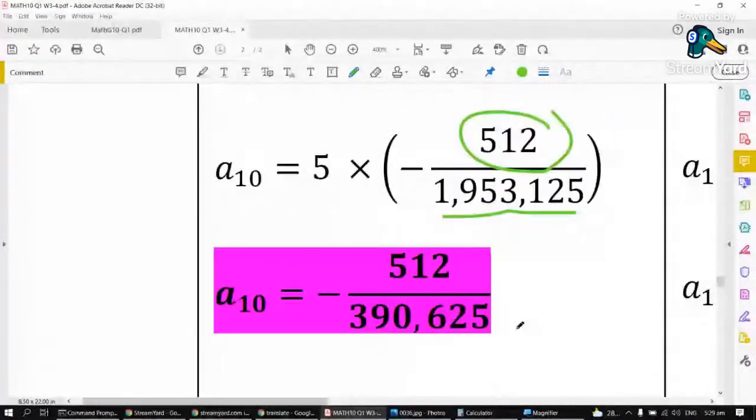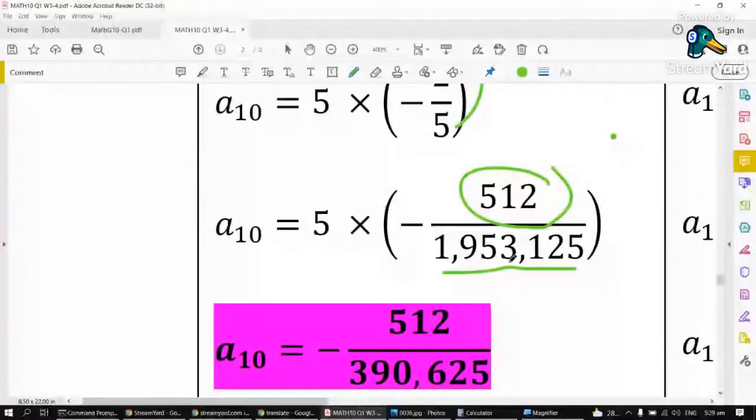So, itong 5 na to ay pwede nating i-lowest term dito sa 1,953,125. Pag ito'y nilagyan natin ng over 1, makikita natin na pwede tayong mag-divide ng 5 sa taas at 5 sa baba. So, 5 divided by 5 is 1. Makakancel na to. Magiging 1 na yan.